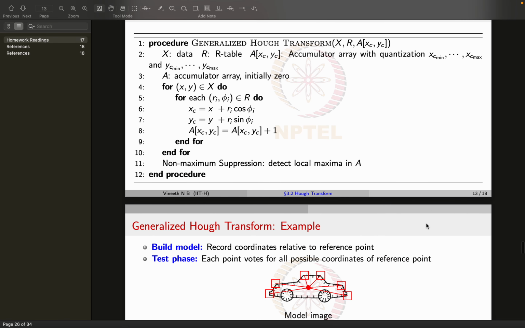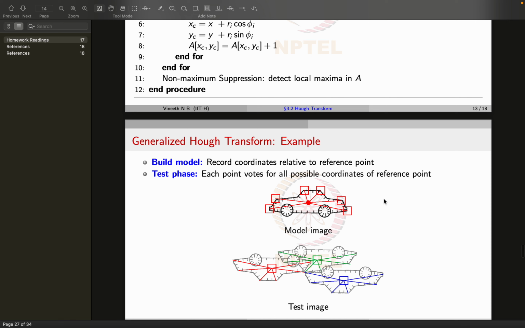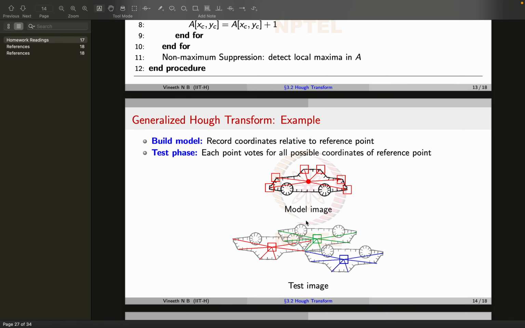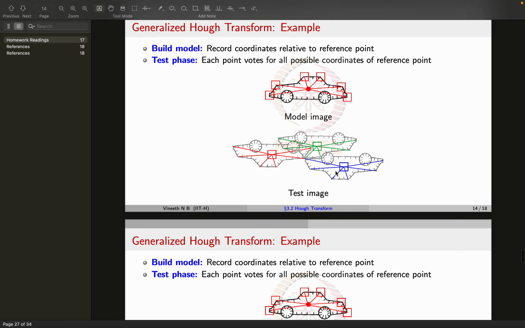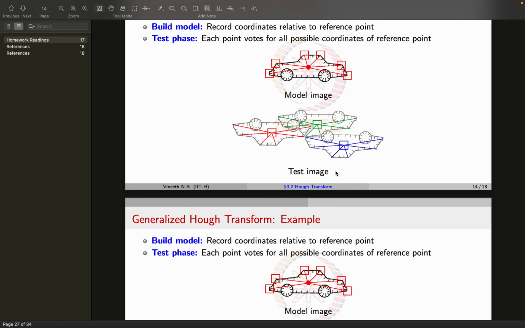that is what they show in the next example, I think. Yeah, like if you have a model image which is like a car here, and if you can represent this in a parametric form, then you can template match. So this is sort of like template matching in the parameter space. So you can do that matching vote in the accumulator array and identify it.